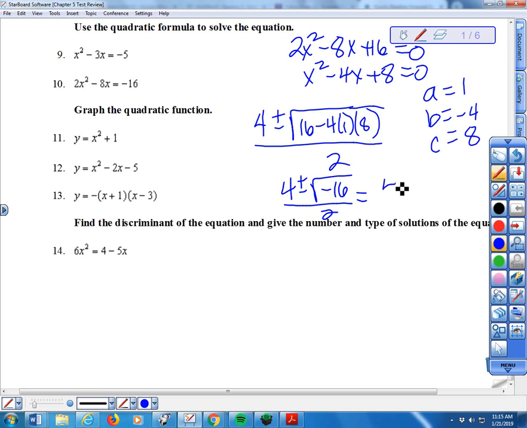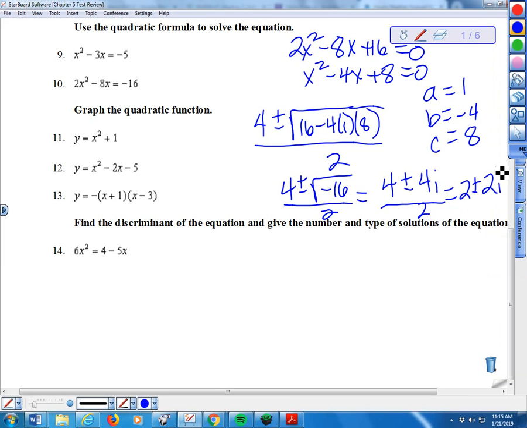So that's 4 plus or minus 4i over 2, which is 2 plus or minus 2i. Okay.